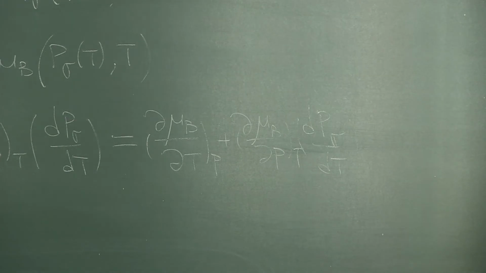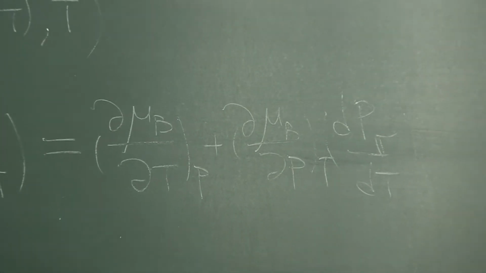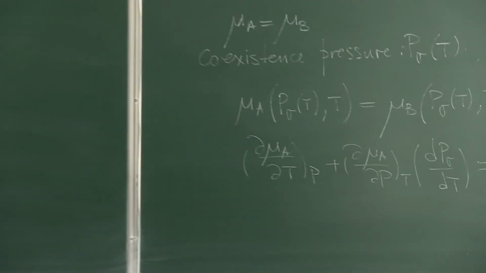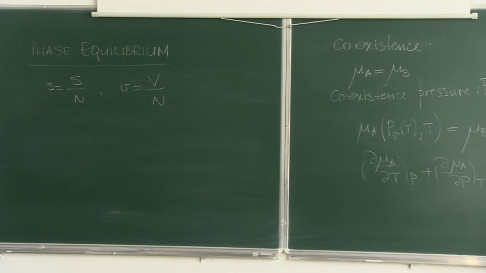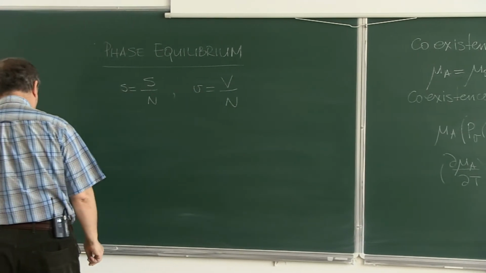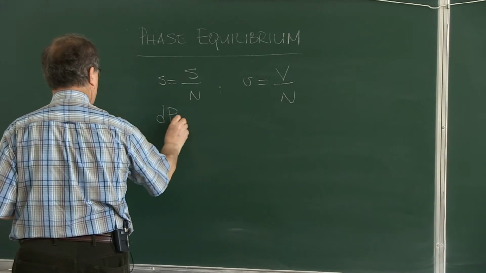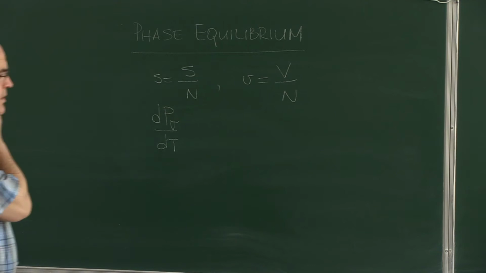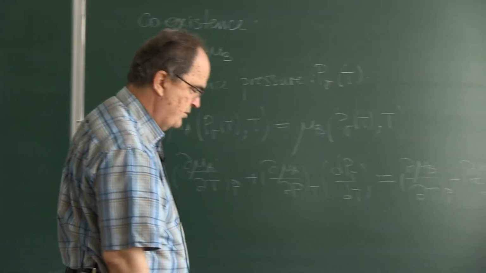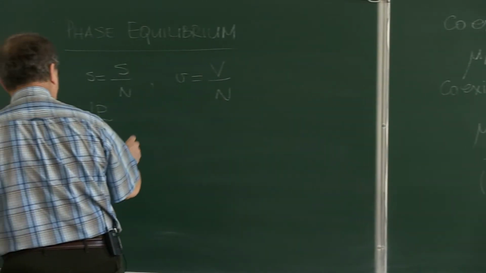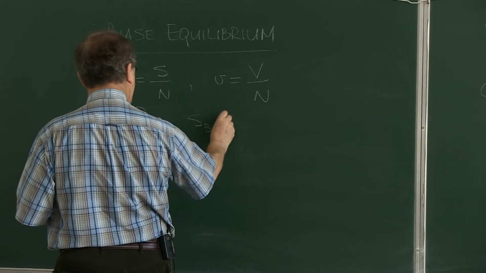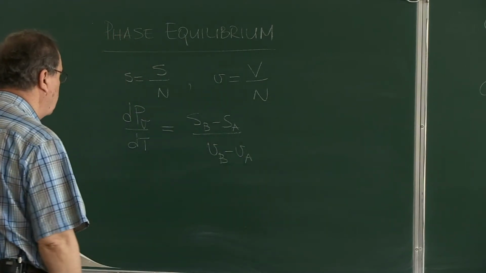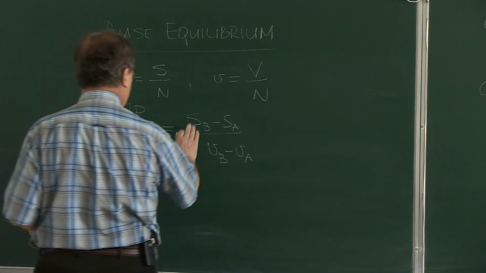So if we define quantities per particle, entropy per particle and specific volume per particle, we can rewrite this as follows: dP/dT, the rate of change of this equilibrium or coexistence pressure with respect to temperature, is (S_B minus S_A) over (V_B minus V_A), in terms of these quantities per particle.